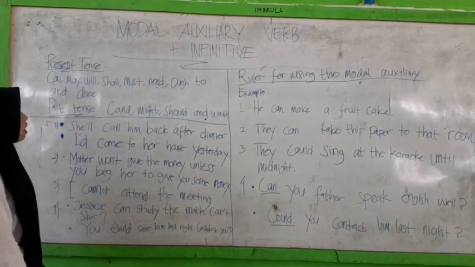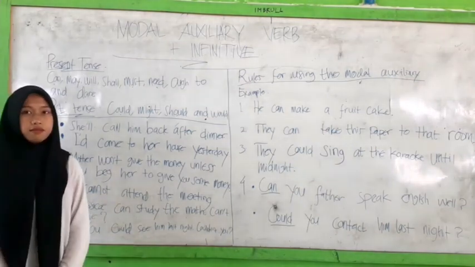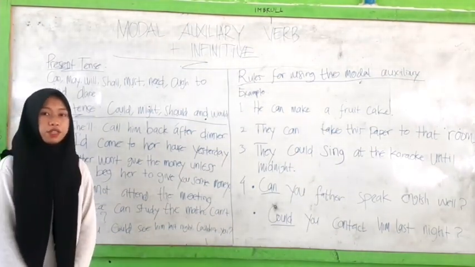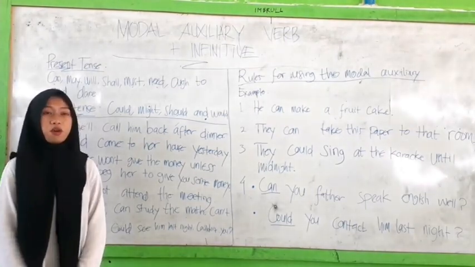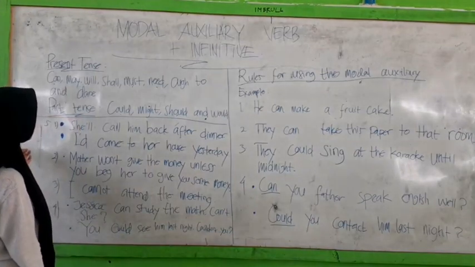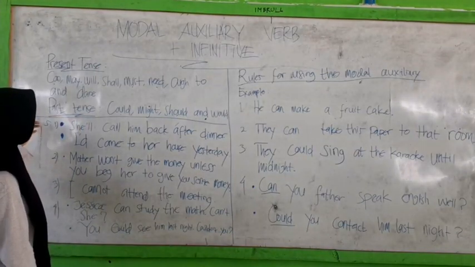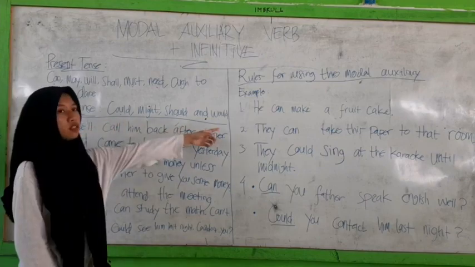Can, must, need, could, should, and would with not are often written in a short form or contracted form, namely cannot, mustn't, couldn't, shouldn't, and wouldn't.